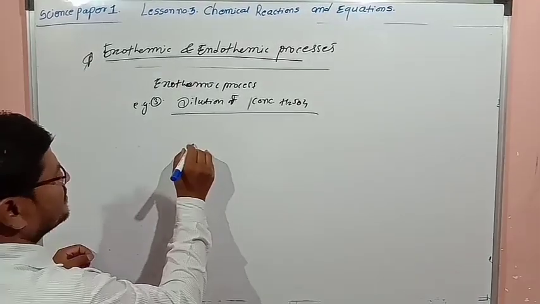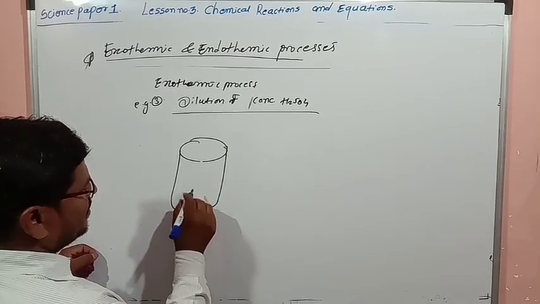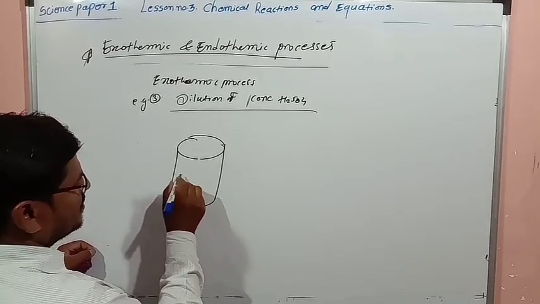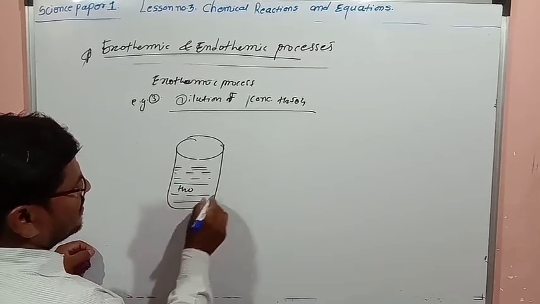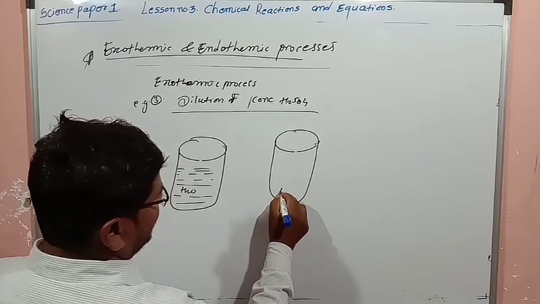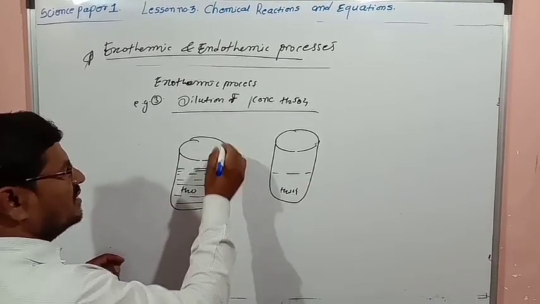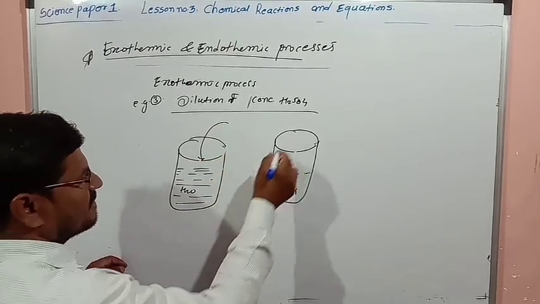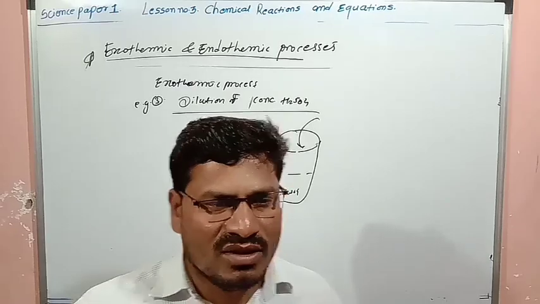Suppose you take one beaker with H2O, and a second beaker with H2SO4. Dilution means you are going to add another substance.